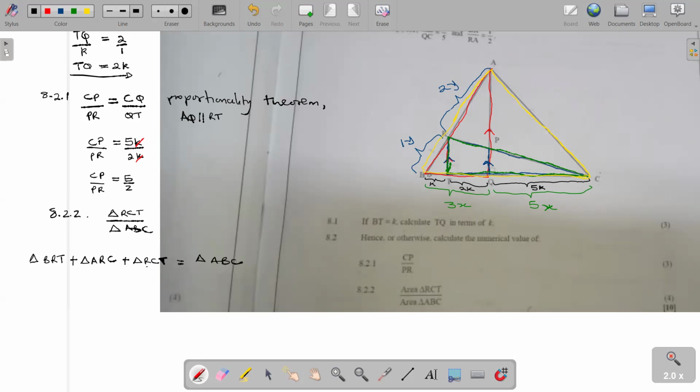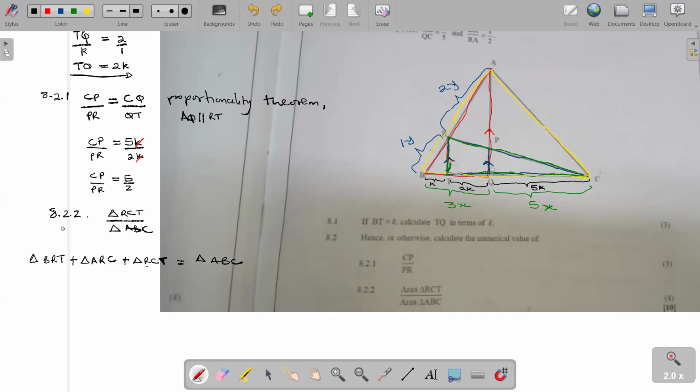So we are saying the area of this triangle here plus the area of this triangle here plus the area of this triangle here will give us the area of the whole triangle ABC. Right.